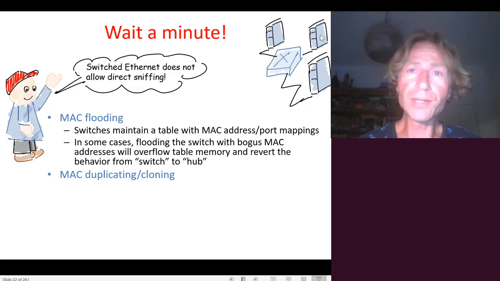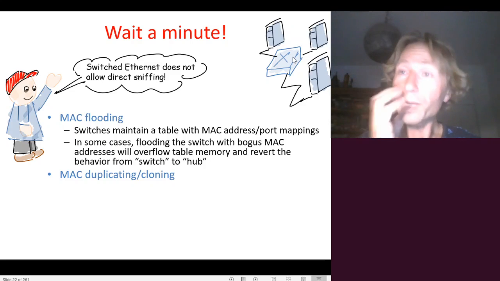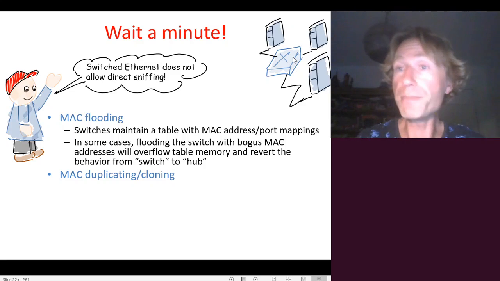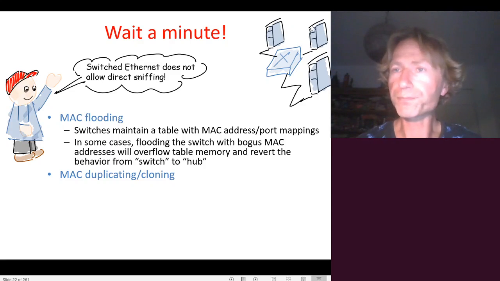For instance, here the attacker sends an Ethernet packet with the MAC address of host B here, right? The switch is going to say, hey, wait a minute, here's this MAC address on this particular link. Maybe this host has moved to another port.